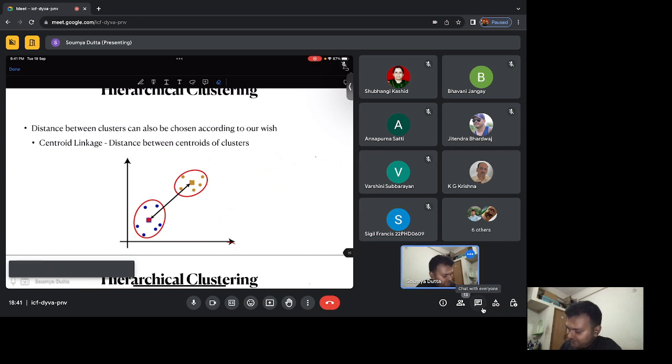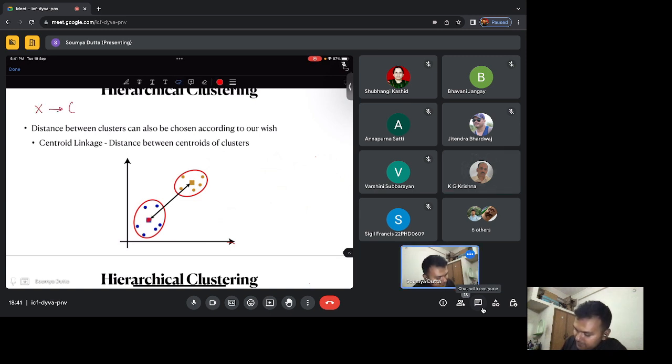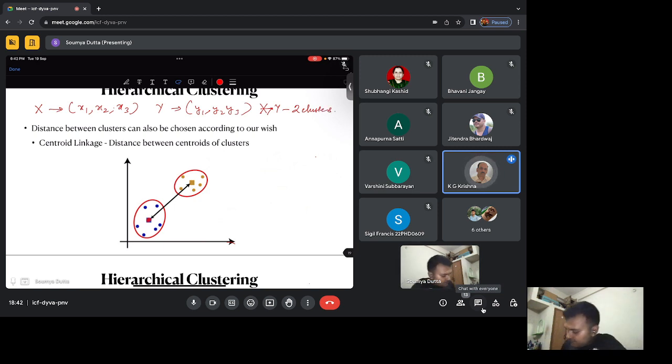Okay. So this is x. This is a cluster. This has 3 points x1, x2, x3. This is y. This has 3 points y1, y2, y3. These are my 2 clusters x, y. My only question is, when you say points, the point can be any dimensional vector, right? Yeah. So what is the centroid of x?